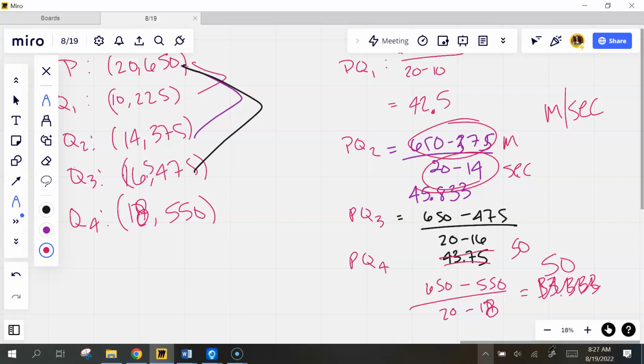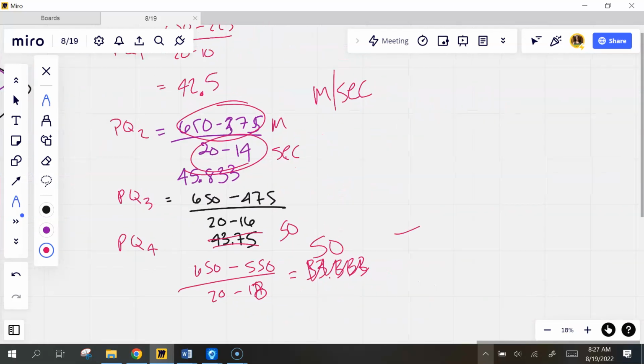So what they're getting at is the closer you get, if this is P, Q4, Q3, Q2, Q1, as you continue to do secant lines and you do the slope of those secant lines, the closer these two points get together, the closer it's coming to what?